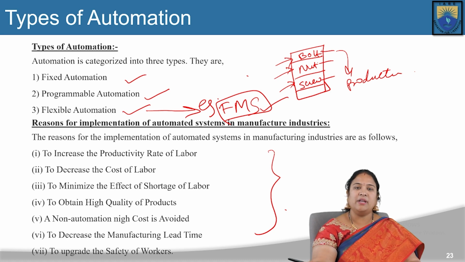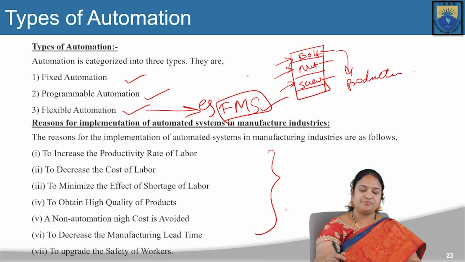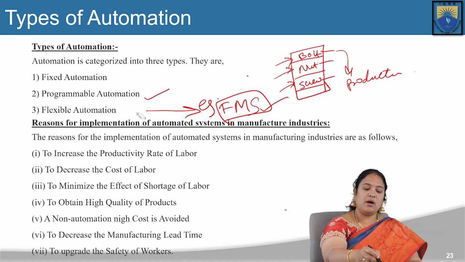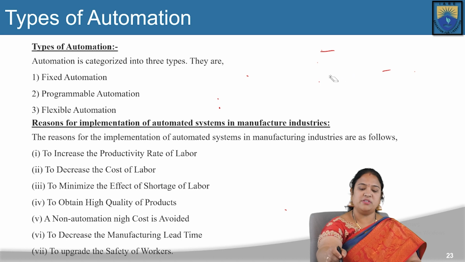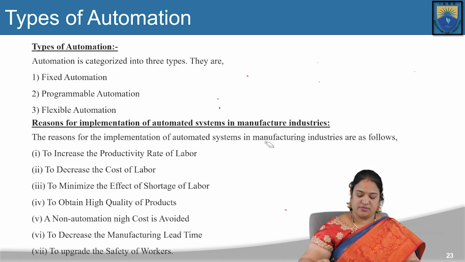And to upgrade the safety of the workers, automation is required, because in bigger or larger industries, safety is required more. So when the work is done automated, there will be a lot of safety for the workers. Right? That is also one of the advantages. So this is about the types of automation and the advantages, why automation has been introduced in the industries.